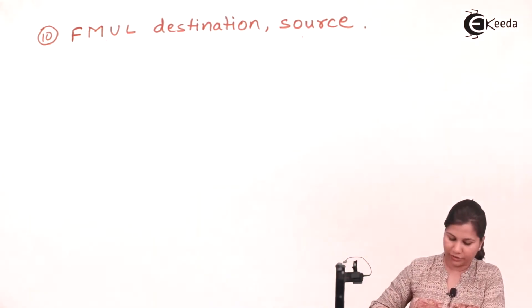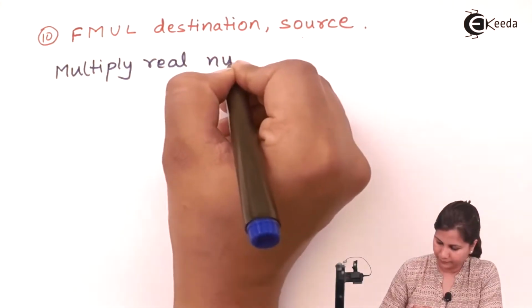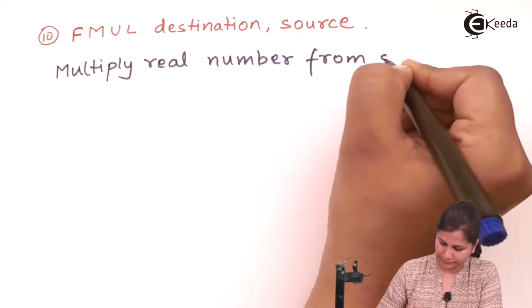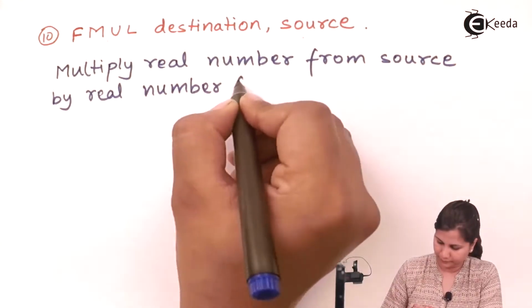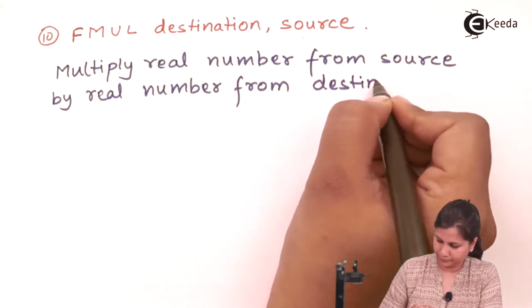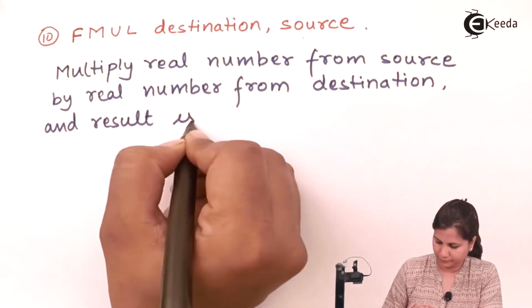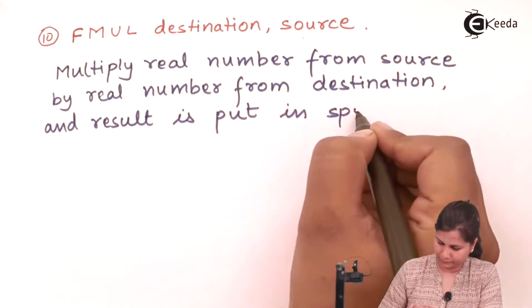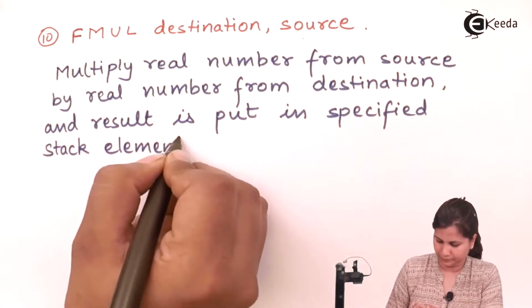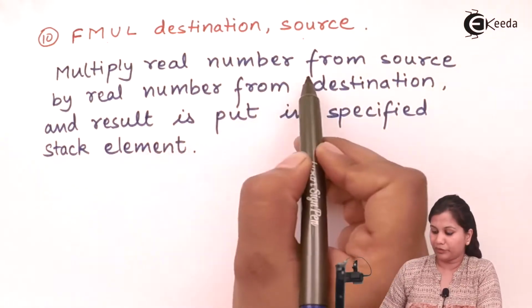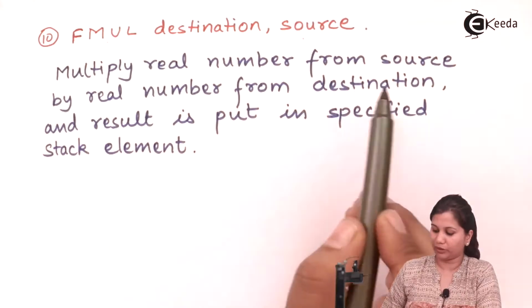So what does this instruction do? The real number which is there in the source is multiplied by the real number from the destination.